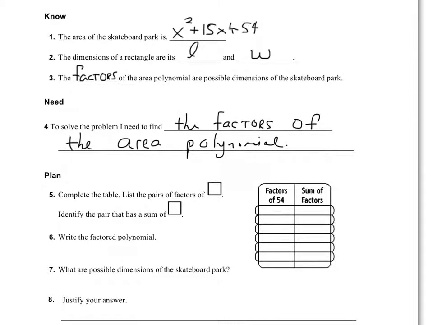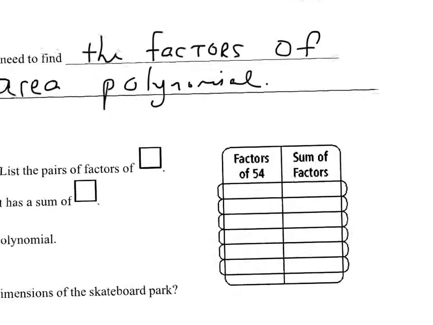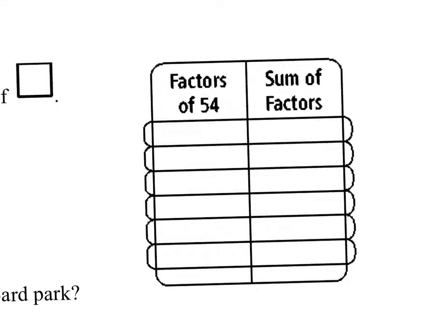So all the factors of 54, zoom in there, factors of 54. So 1 and 54 is an option, and if we add up those factors, I get 55. 2 and 27 would be factors of 54, and those add up to 29. 3 and 18 are factors of 54, and those add up to 21. 4 doesn't go into 54, 5 doesn't go into 54, 6 does.